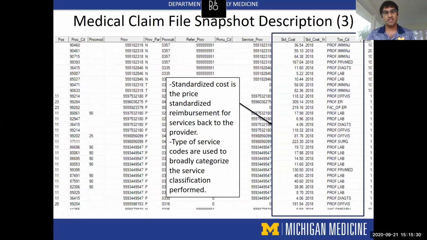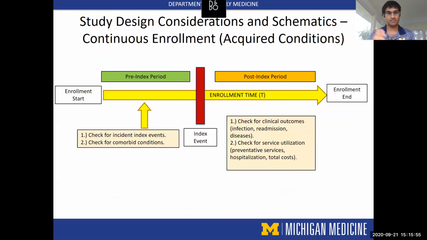This is basically to account for contractual or regional differences between providers and places, and also the service settings. So this is supposed to create an equal playing field around what the reimbursement is for those services. And types of services are also indicated by the TOS CD.